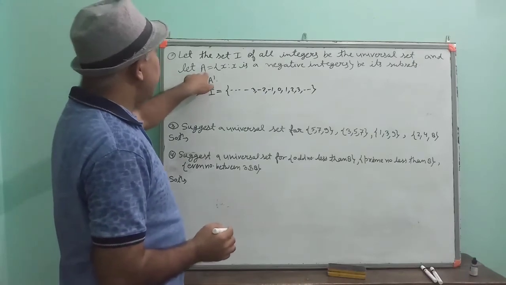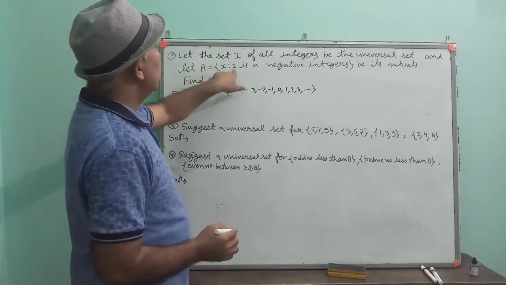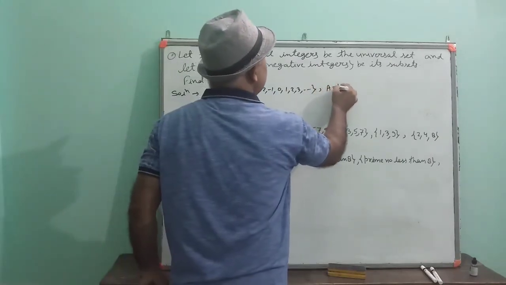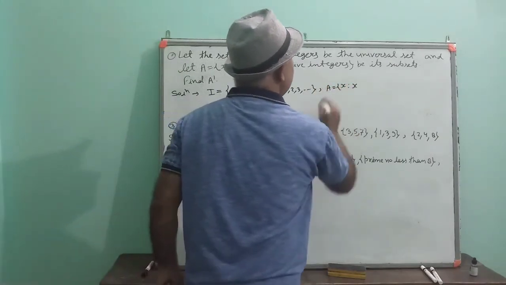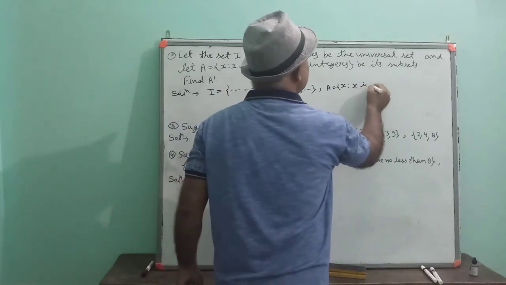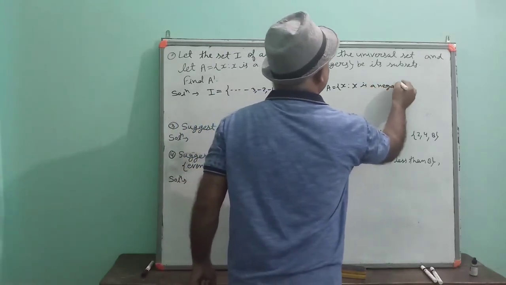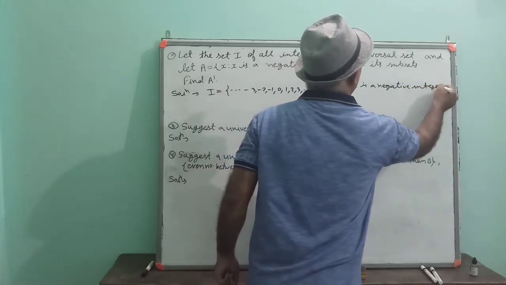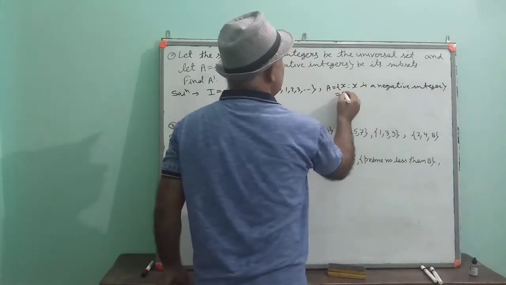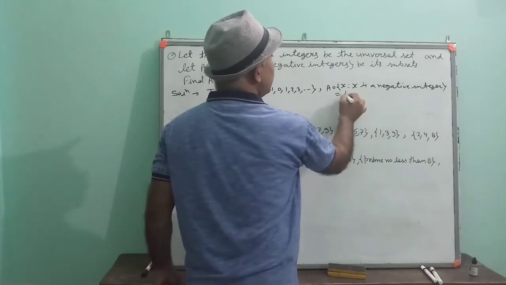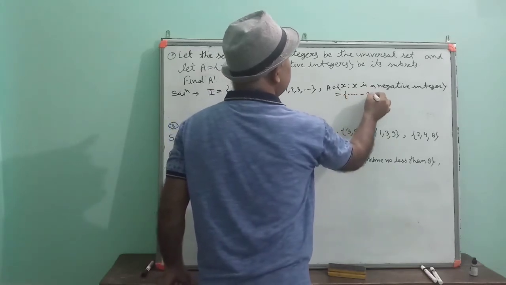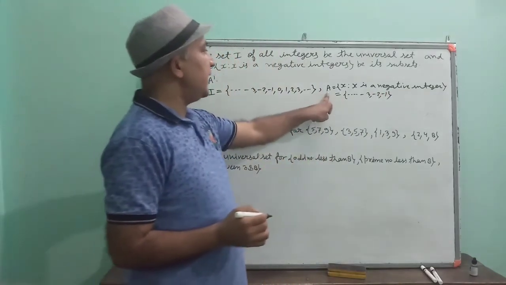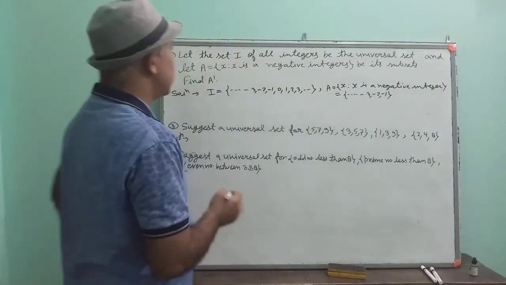And set A is x, where x is a negative integer. If you convert it into roster form, you will get all the negative integers. Set A is all the negative integers.